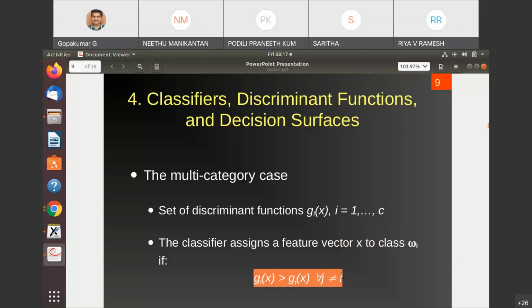So we find g i of x and g j of x such that j is not equal to i.